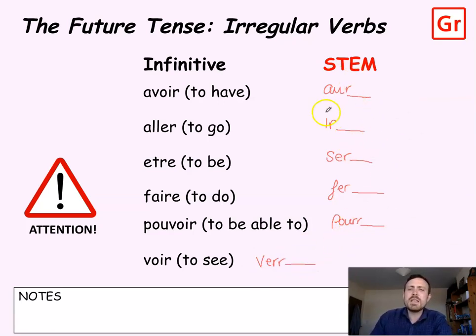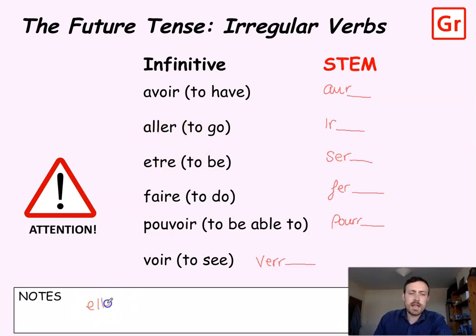And what do I mean by plus endings? Well, we still actually need to put our AI, AS, A, etc. on the end of this, depending on the subject that we're using. So if I wanted to say she will go, we find our verb to go. Now it's not elle allera, because that would be regular and it's an irregular verb.